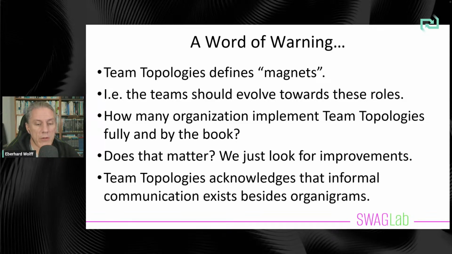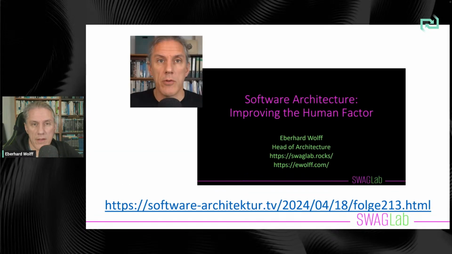Team topologies acknowledges that informal communications exist besides organigrams, and I think this is important because this is usually where most of the problems actually occur. I did talk about these more soft aspects of software development in this episode.